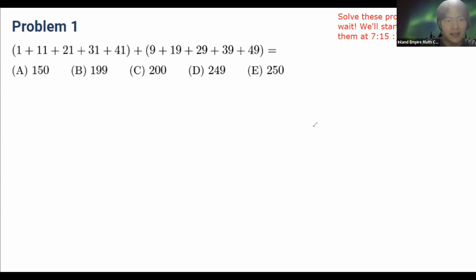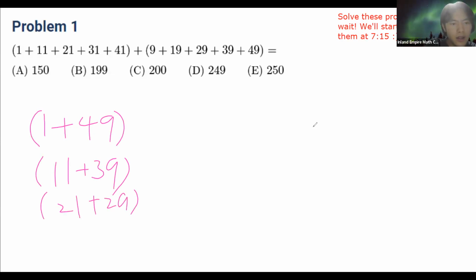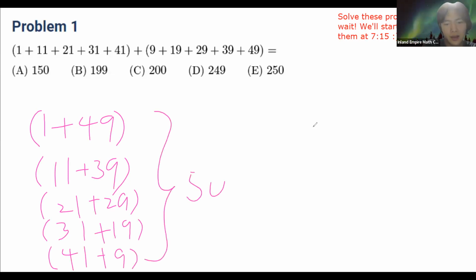So you can add 1 and 49 together, 11 and 39, 21 and 29, 31 and 19, and 41 and 9. All of these would give you 50. So you have 5 copies of 50, which would give you 250.